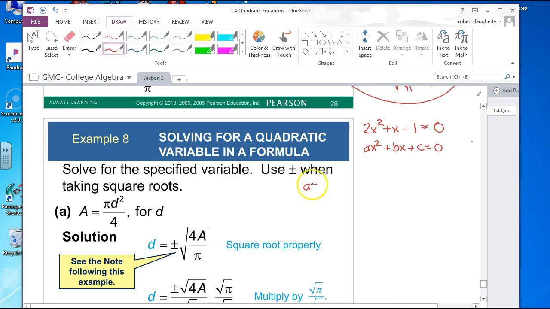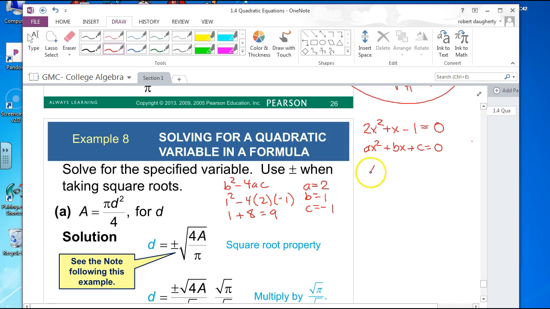In this case, a is equal to 2, b is equal to 1, c is equal to negative 1. So what is b squared minus 4ac? In this case, that's 1 squared minus 4 times 2 times negative 1. That is 1 plus 8, which is equal to 9.